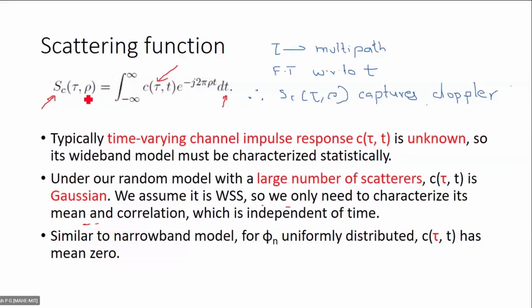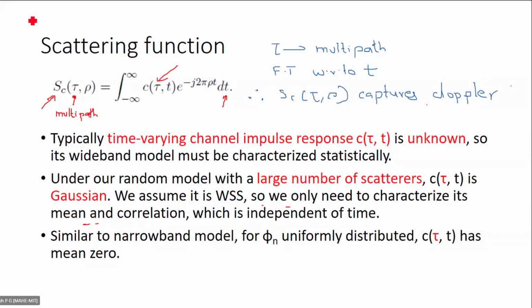We can mention the first component, tau, as the parameter that describes the multipath effect. How can we tell that tau describes the multipath effect?